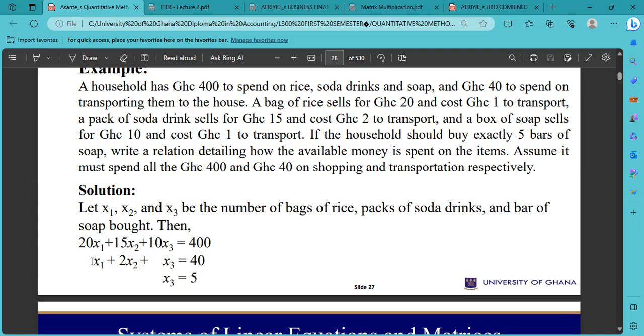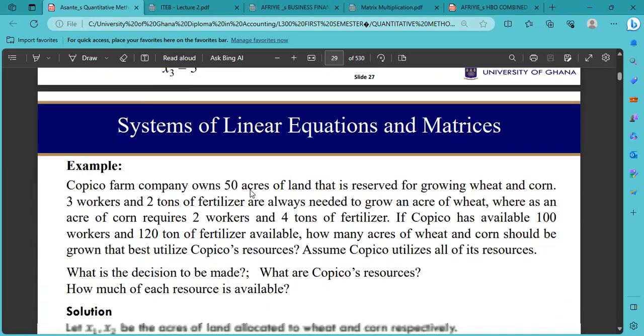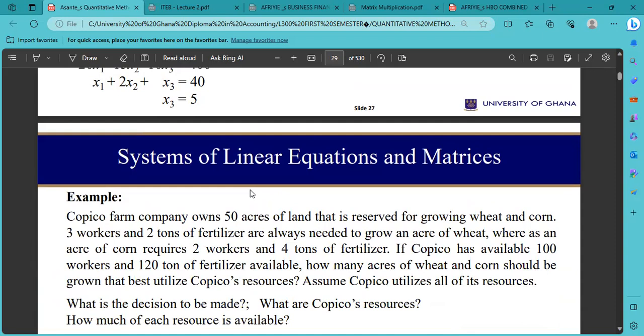And then x1 plus 2x2 plus x3 is equal to 40. And then here is 0x1 plus 0x2 plus x3 is equal to 5. So basically that's the same thing here. So we can try this example too.